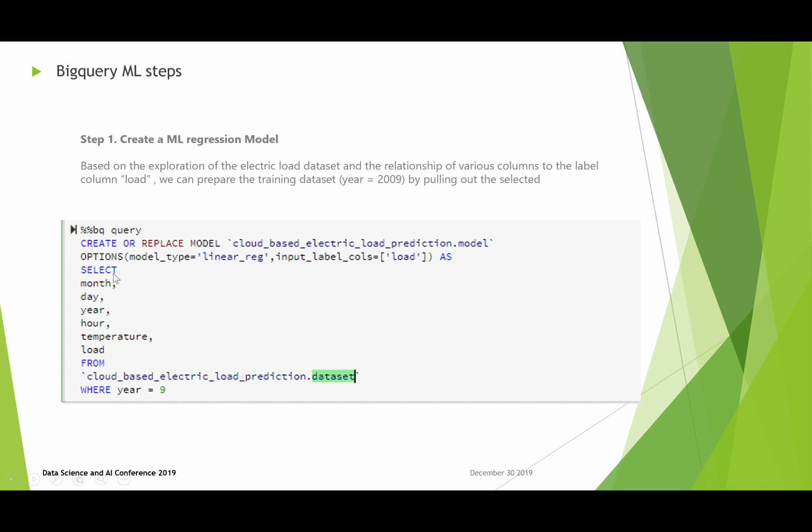which indicates that you are going to retrieve the month, day, year, hour, temperature, and load from the dataset which is under the cloud-based electric load prediction project in BigQuery. The where clause limits the training data to where the year column equals 2009.